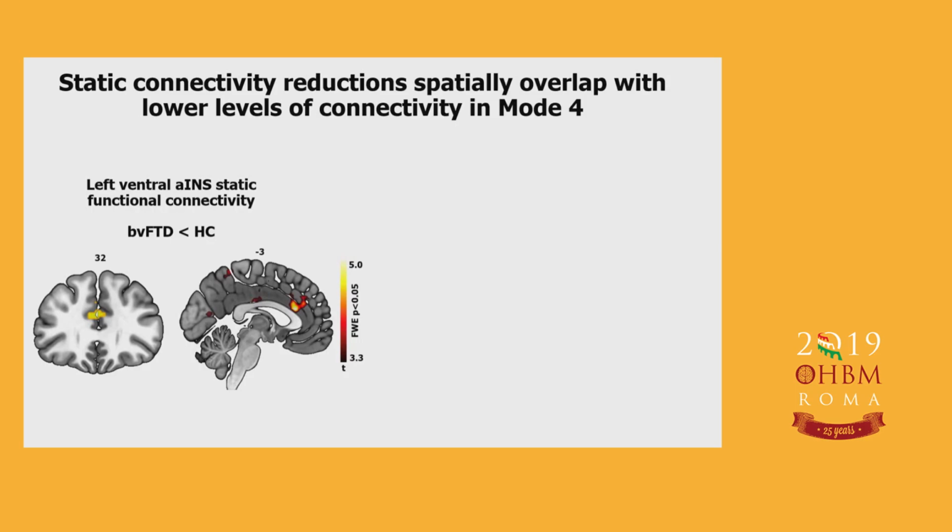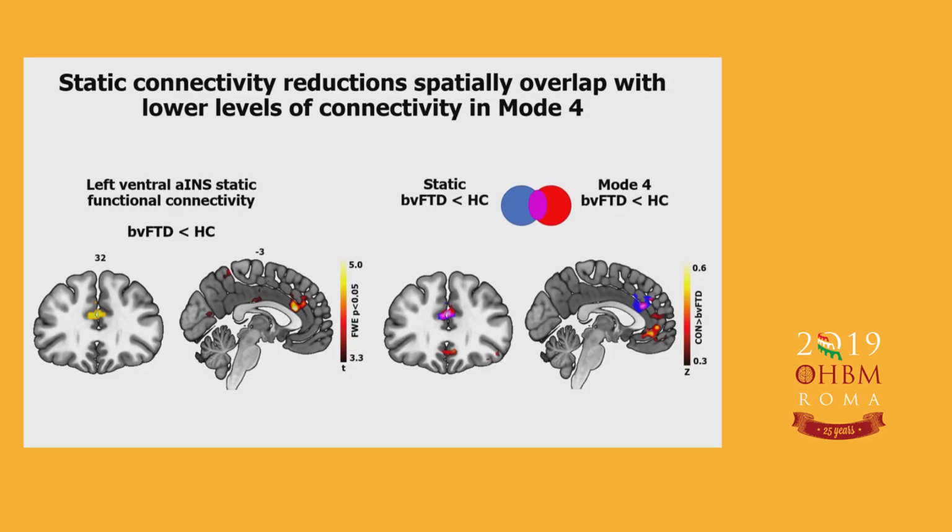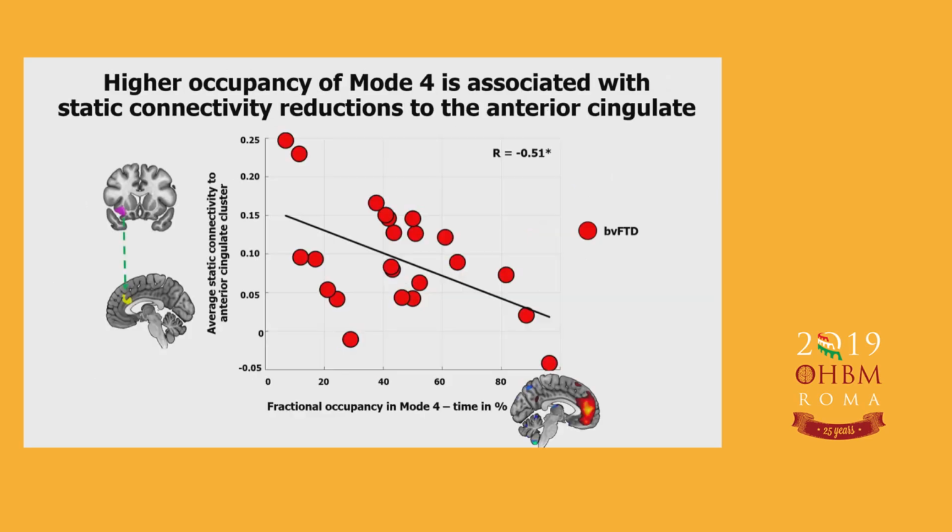And we found this reduced connectivity here in mode 4 particularly interesting because if you remember the static connectivity changes that you can see here on the left, and here on the right you can see the overlap in violet, there is a convergence on the static connectivity changes, an anatomical convergence relating the static connectivity changes to these reductions in connectivity that we found in mode 4.